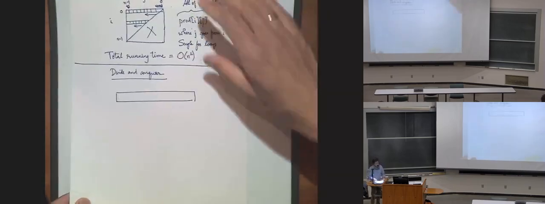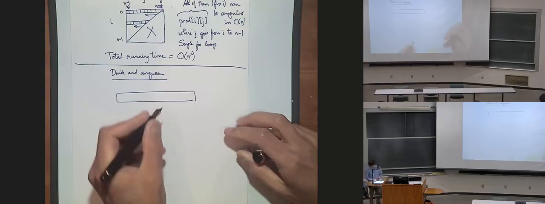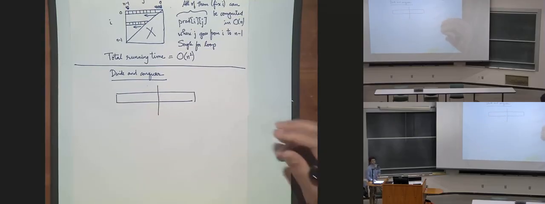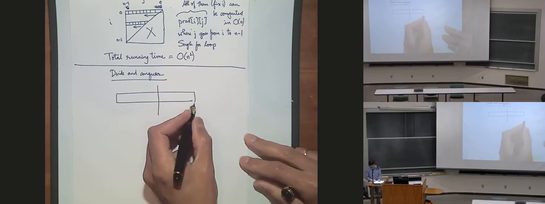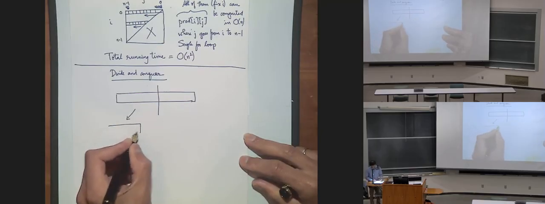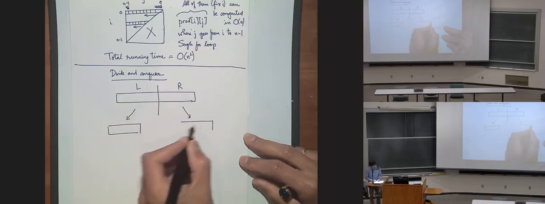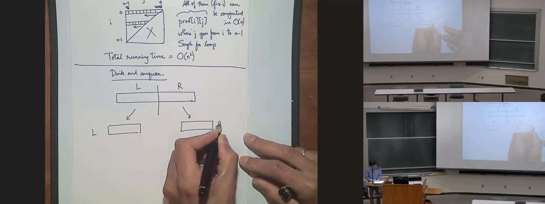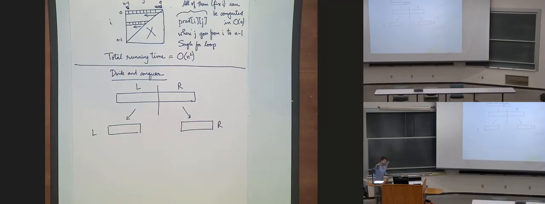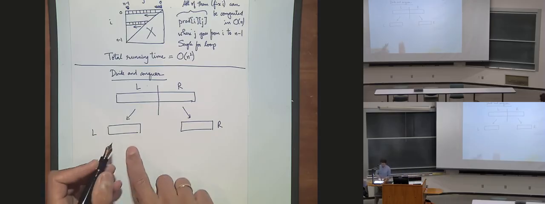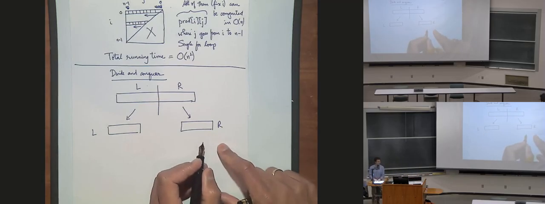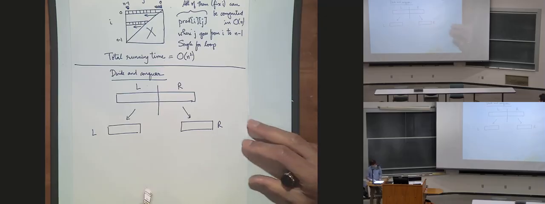Okay. So suppose you want to do divide and conquer. You'll say, well, I'm going to split this into two parts, L and R. And I'm going to do a separate recursive call for L and R. And just by recursion, I'm going to assume that I get the solution for L and I get the solution for R. Okay? So what does this mean?